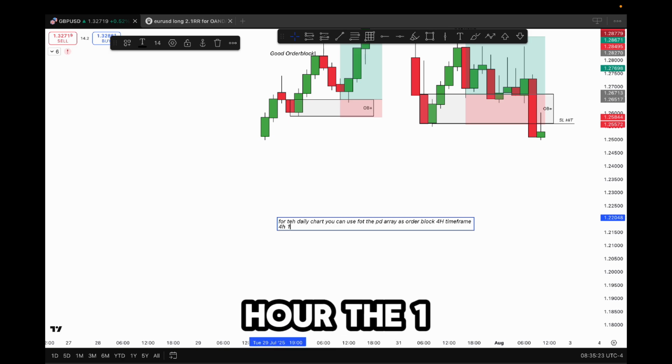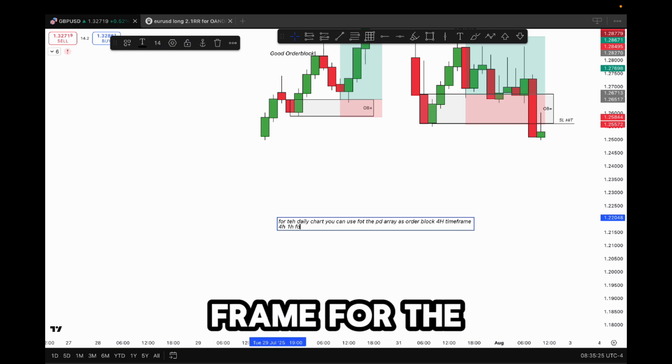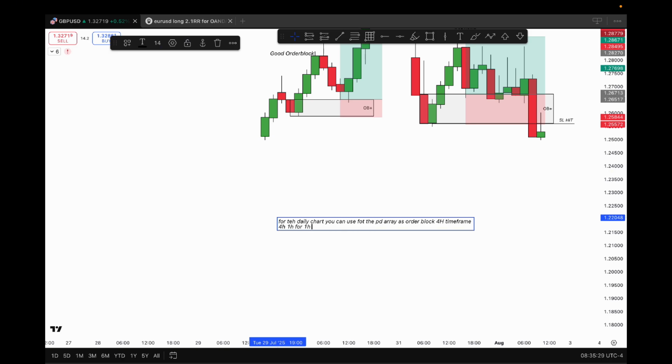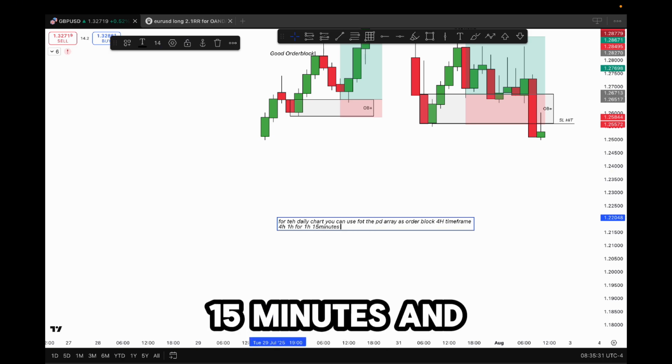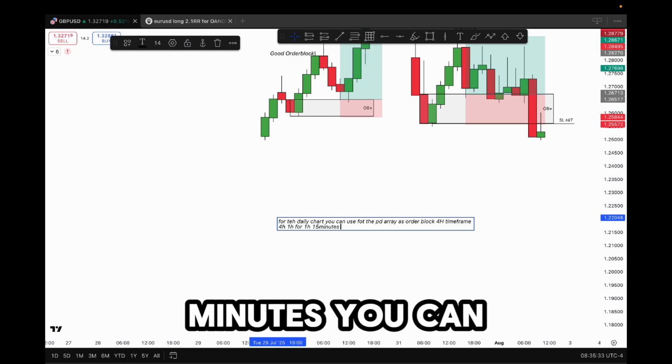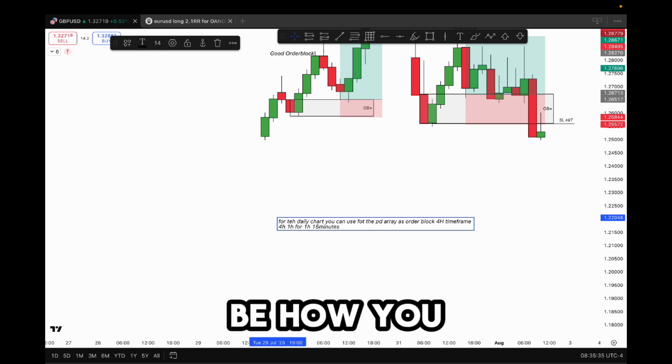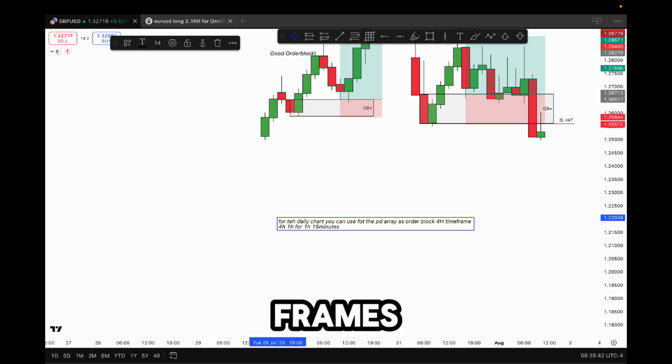For the 4 hour, the 1 hour time frame. For the 1 hour, 15 minutes. And if you look at a really low time frame like the 15 minutes, you can use 1 minute till 5 minutes. It has to be how you like. I have backtested this, I have collected data about this, and this is how I really like to use order blocks on these time frames.